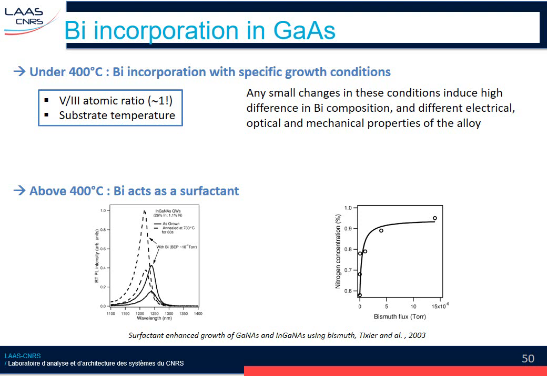Any small change in these growth conditions will induce a big difference in bismuth composition in your layer. The other regime is above 400 Celsius, where bismuth acts as a surfactant. So in this study, we will concentrate on the low temperature range, when bismuth incorporates in gallium arsenide.